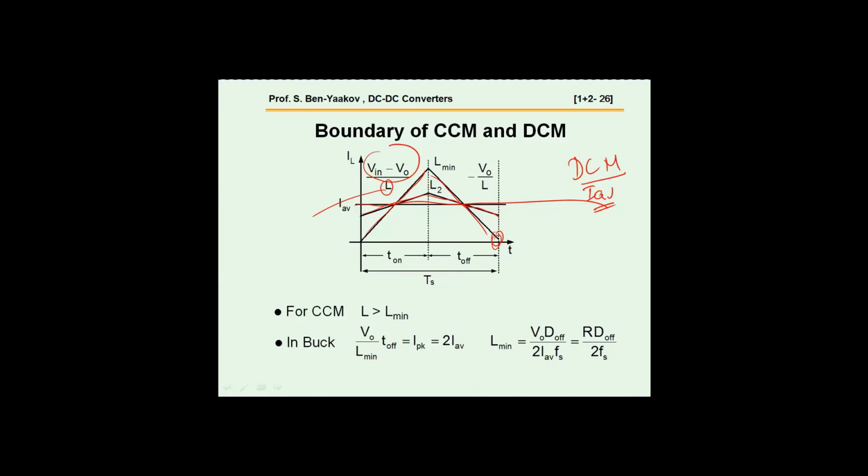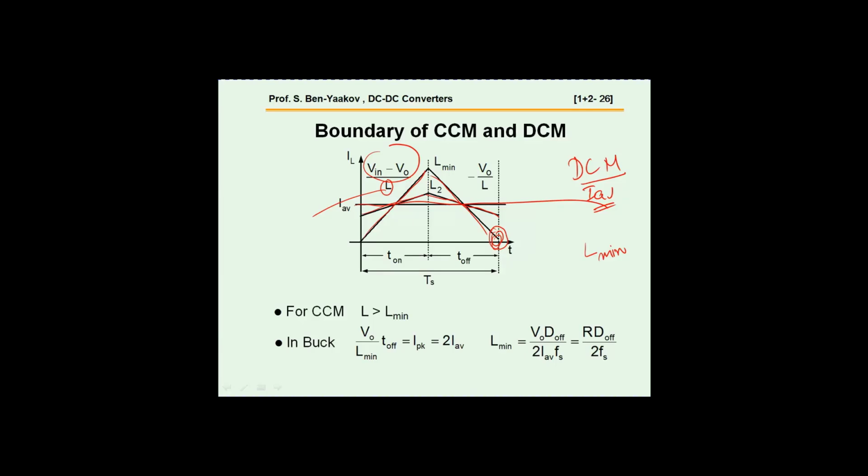So the question is, what is the smallest inductor that you can tolerate without entering this DCM operation?